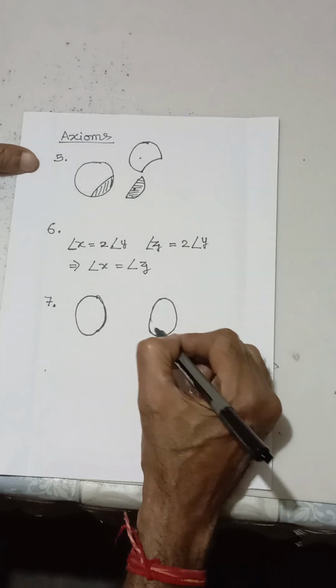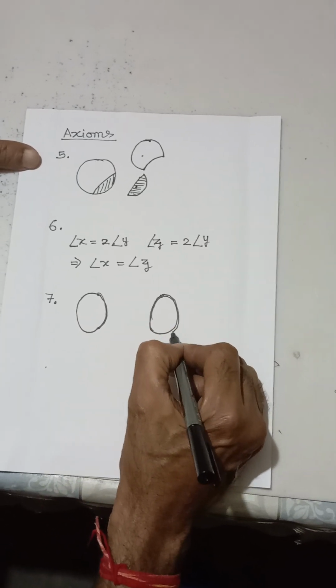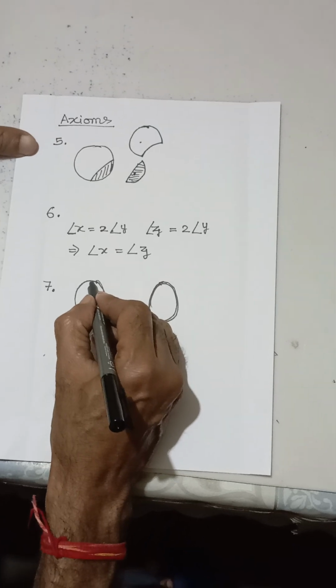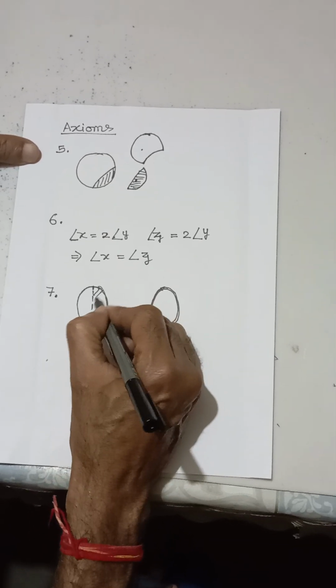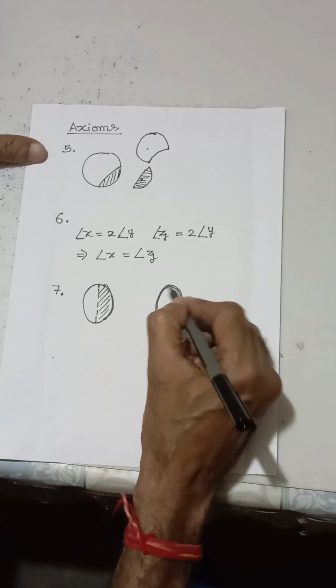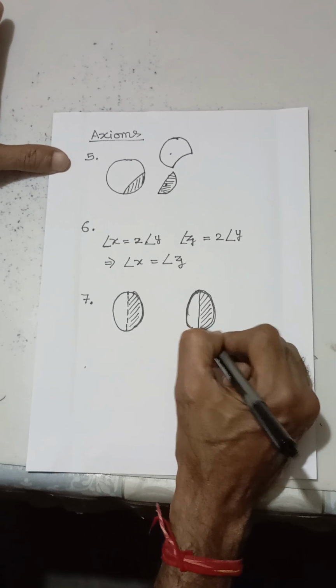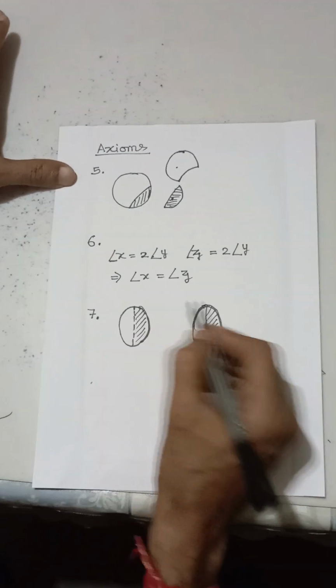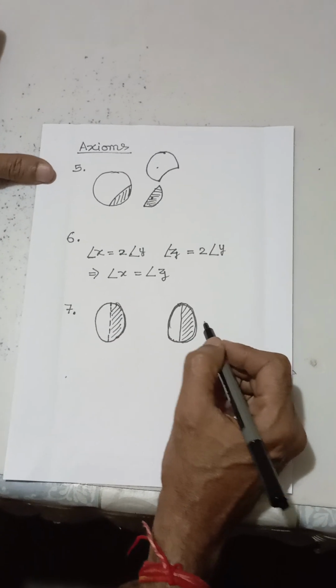We suppose that both are equal in shape and size. Now we exactly break it into halves. So this is the half portion and this is the half portion. So the whole portions were equal, then the half portions will also be equal. This is the seventh example.